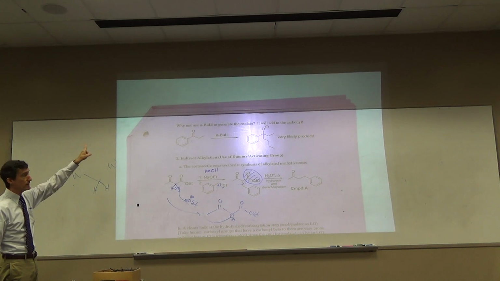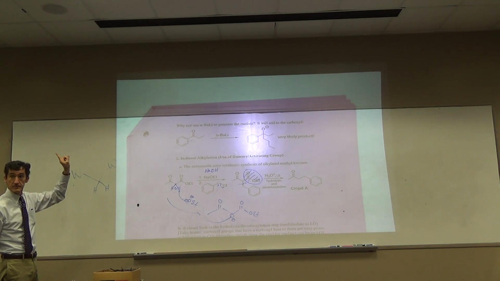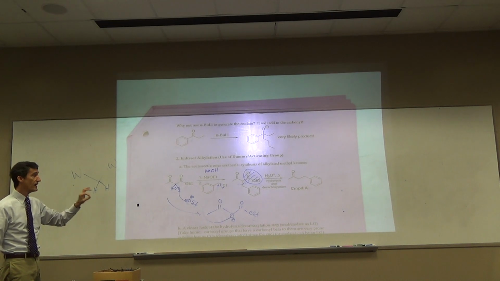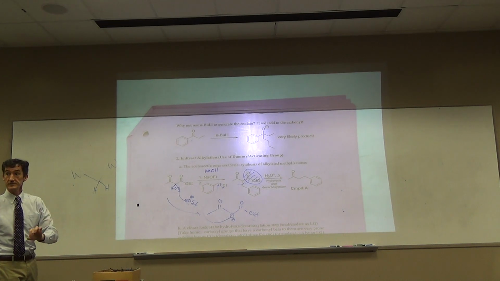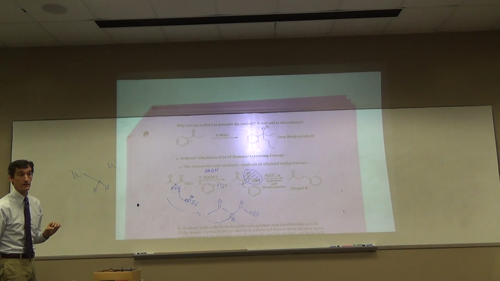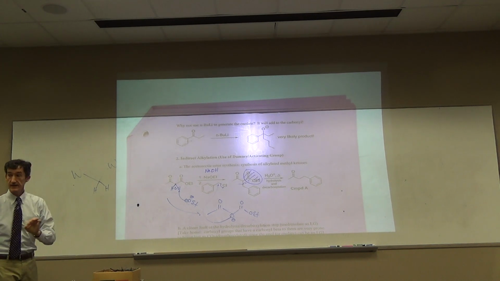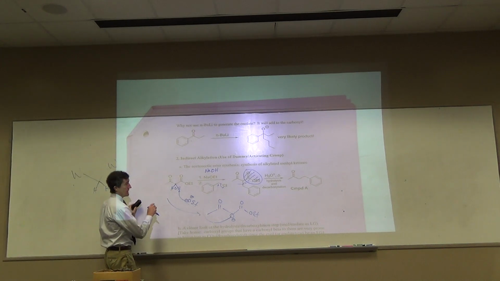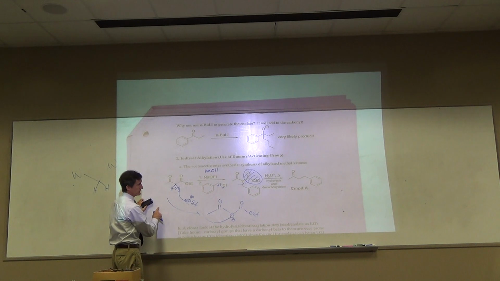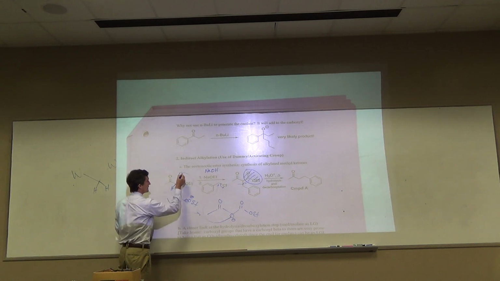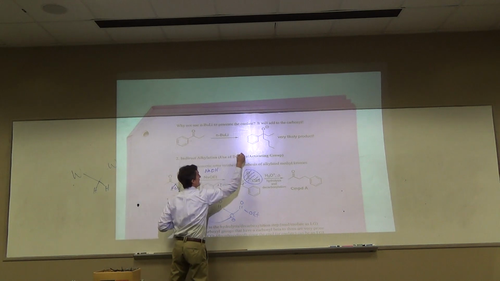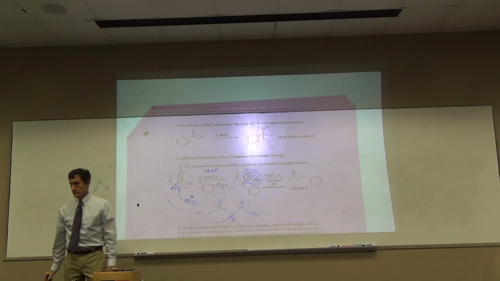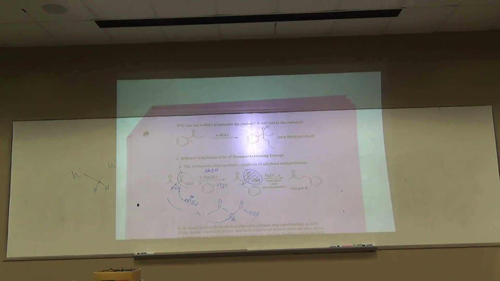I didn't mention it on the previous page. Previous page, we made compound A by a direct alkylation. Here we're making compound A by an indirect route, where we use this as a starting material. And this was a dummy group, an activating group.